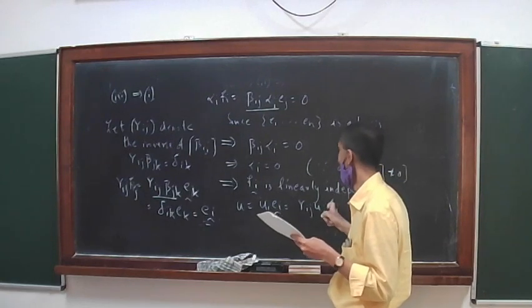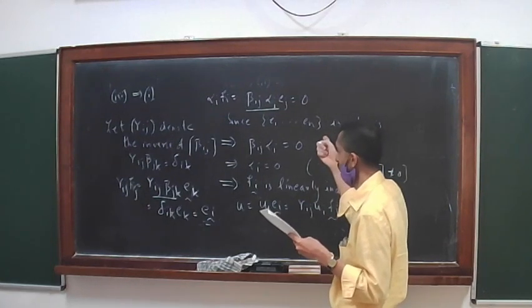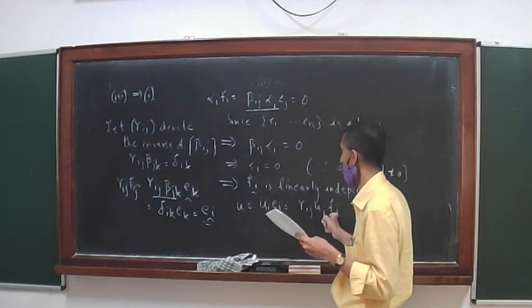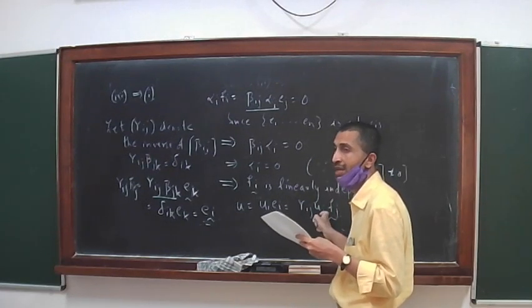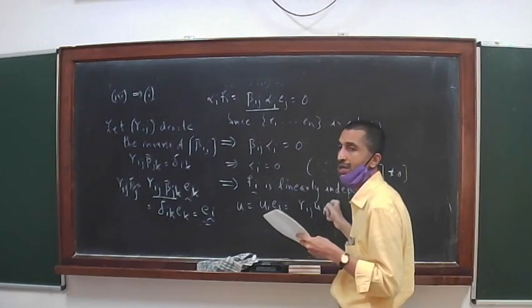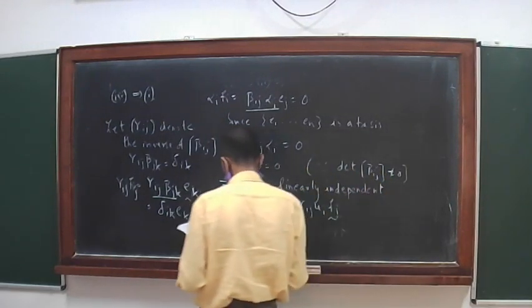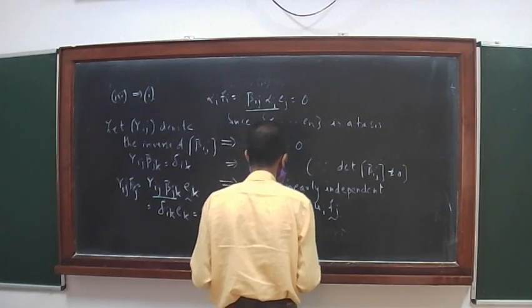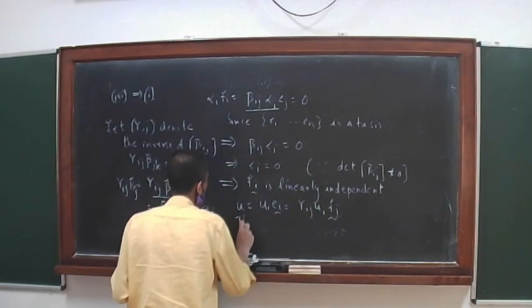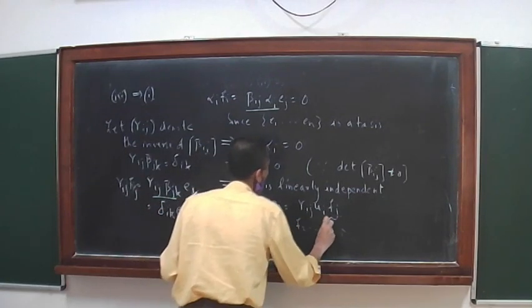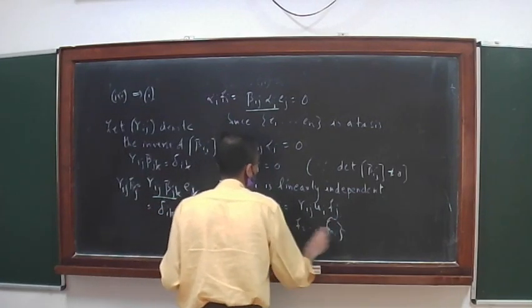And hence f_j is a basis, because first we showed that it is linearly independent, and now we have shown that every element of V can be expressed in terms of the f vectors, and hence it qualifies as a basis. Thus what we have shown is that f_1, f_2, ..., f_n is a basis.